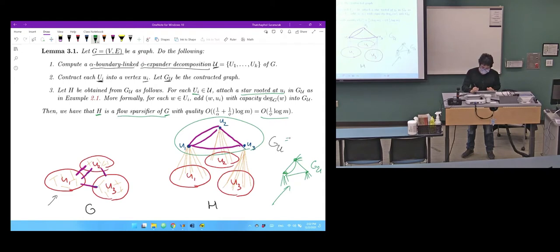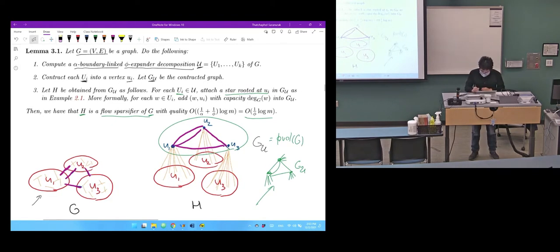The size of G_U here is going to be something like phi times the volume of G, right? The volume of G here.